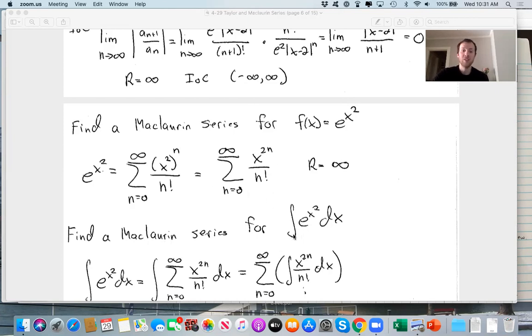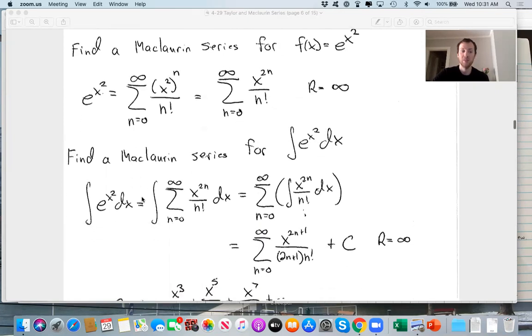So we can find a series for this integral by integrating this series. So we want this function, e to the x squared. So here we know this is true, which allows us to say we want to integrate this series. How we do that is by integrating the terms of the series.